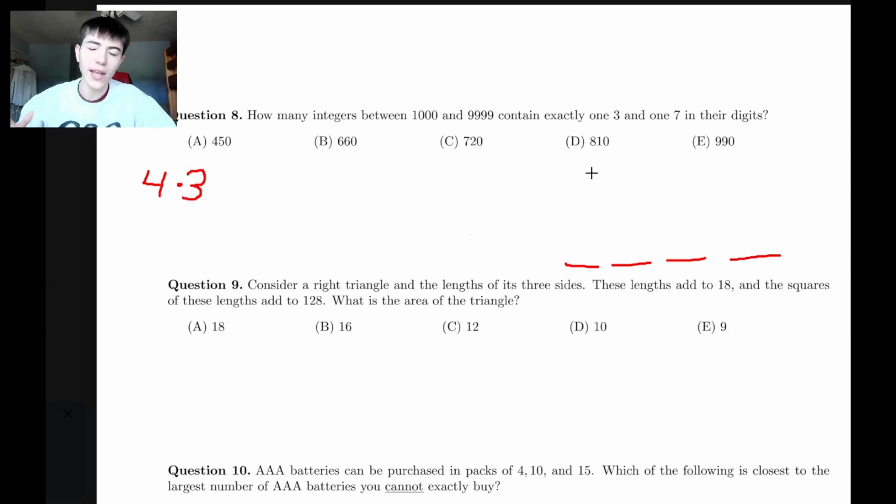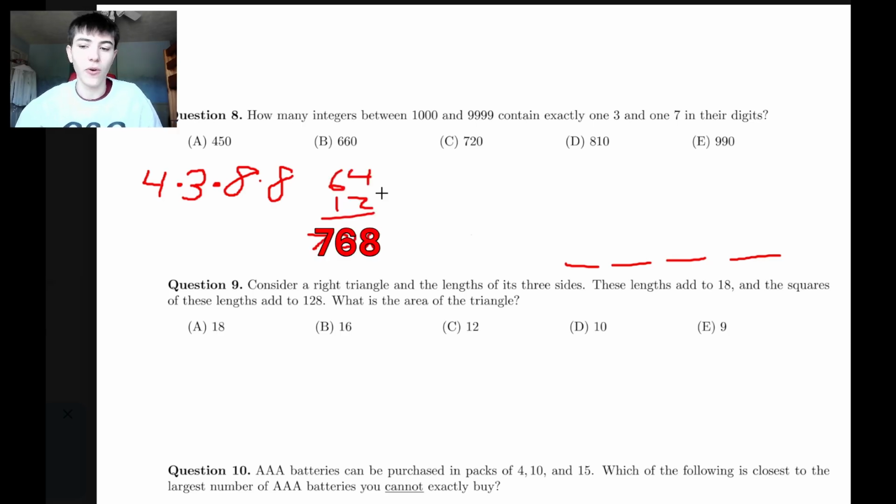And then we can use any digit from 0 to 9 except for 3 and 7, right? So we would only have 10 originally, but subtract that, we have 8. So we've got 8 options for the other 2 digits, right? So we included integers from 0 to 1000 that we shouldn't have. We should be ignoring the ones from 0 to 999, right?